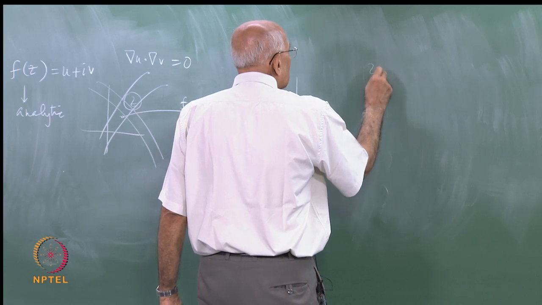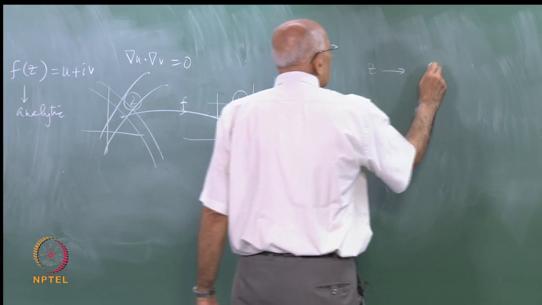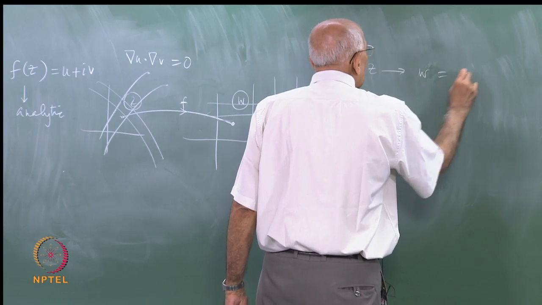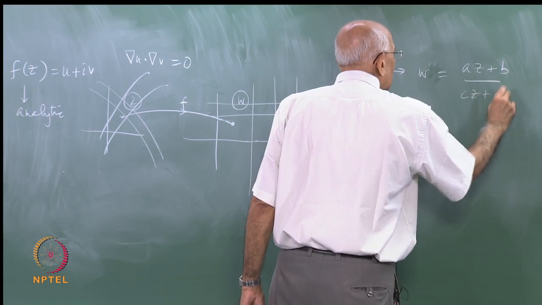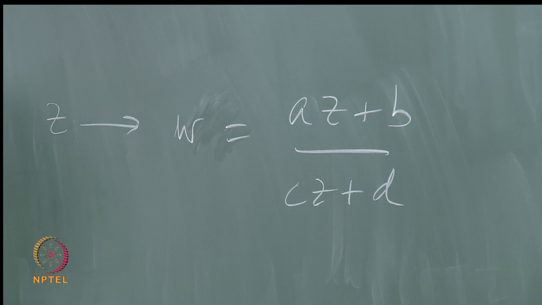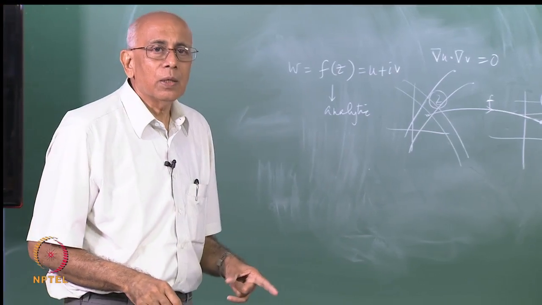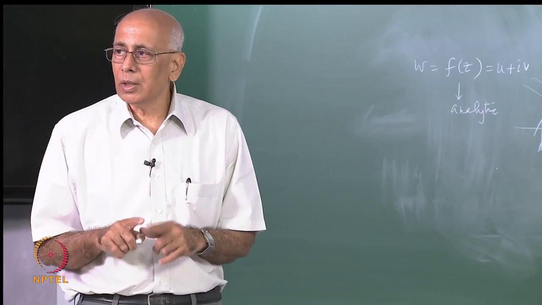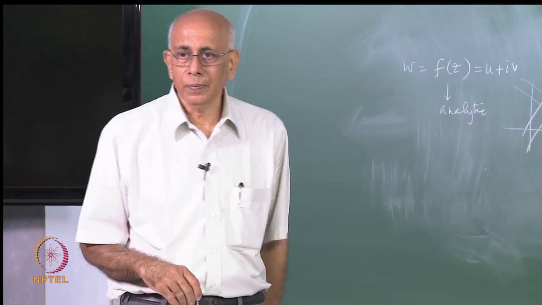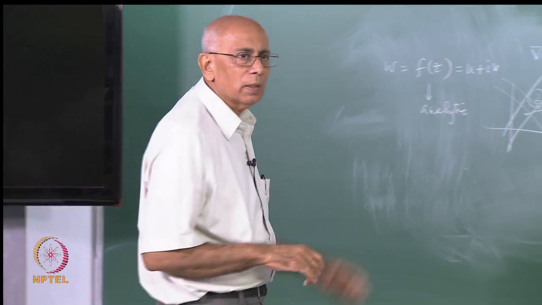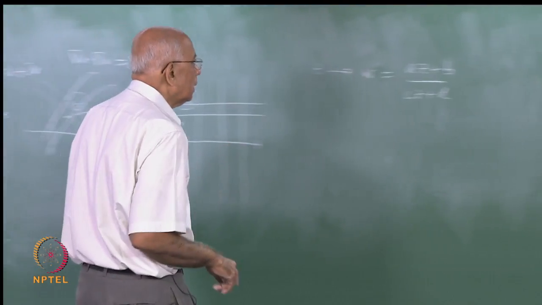It turns out that the most general such map, and we will make this very formal, is z goes to w equal to (az plus b) over (cz plus d), where a, b, c, d are arbitrary complex numbers, and in order to make sure that the map does not become degenerate, you require that the determinant ad minus bc not be 0. If the determinant is 0, then this becomes a trivial map, as we will see.